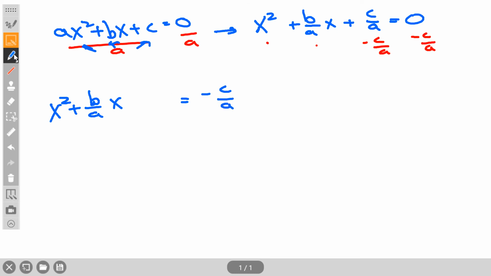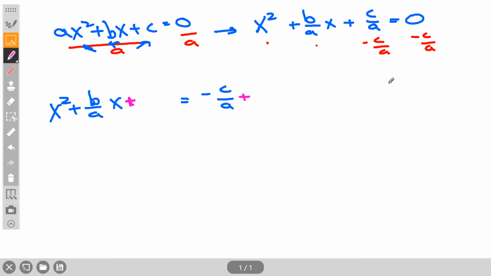So we're going to complete the square here on this left side, and the right side, I guess. We've got to add the same thing to both sides to complete the square. So what we add to both sides is half of the middle coefficient squared. The middle coefficient is b over a, so half of that would be b over 2a, because we'd be multiplying it by 1/2.